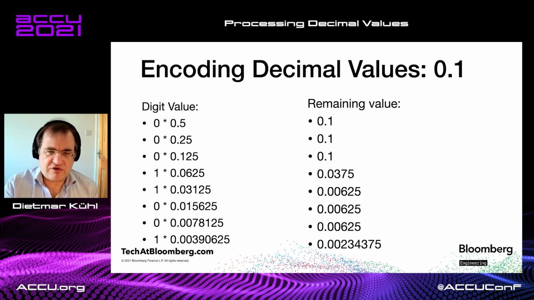It's bigger, so we have a 0 over here. Same as 0.25, 0.125, and then we eventually get a 1, and then we have a remainder. Now we basically keep doing this, and we produce 1, 1, 0, 0, 1, 1, 0, 0, 1, 1. So it's basically an infinite representation of these things. There's nothing really complicated about that, and the computers are reasonably good at doing that stuff.